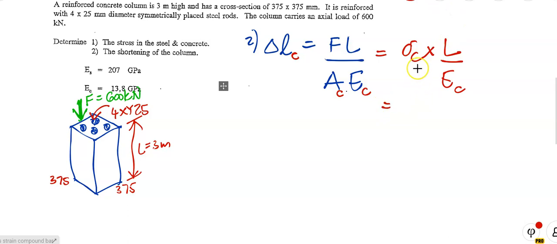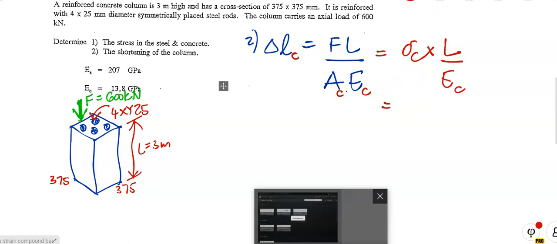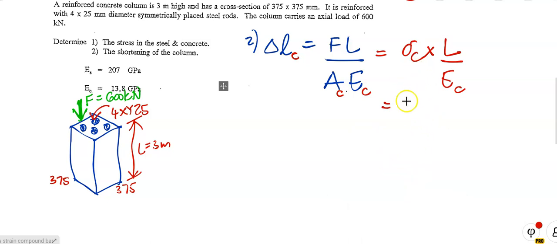And that's equal to, what's the stress in concrete? We just worked it out. The stress in concrete is 3.57, multiplied by the length, which is 3000, remember, converting to millimeters, and I divide that by the E for concrete.